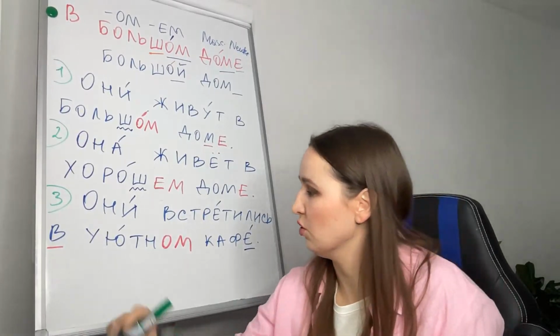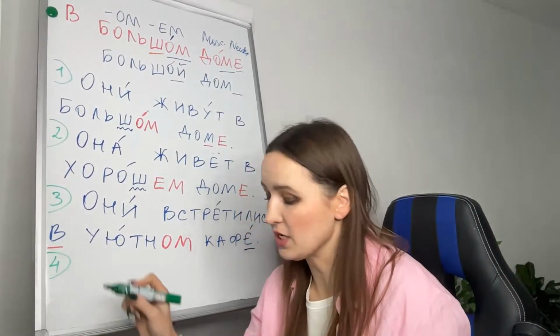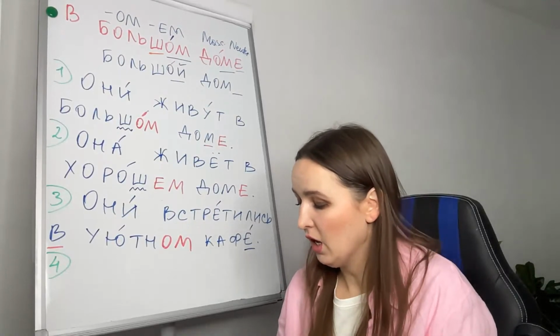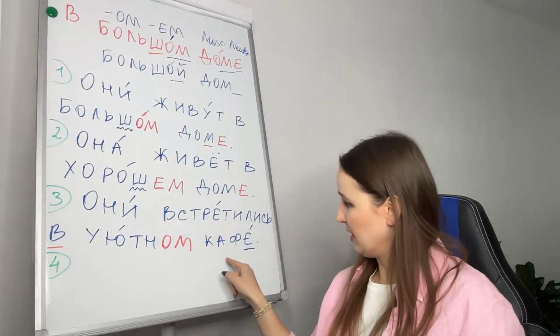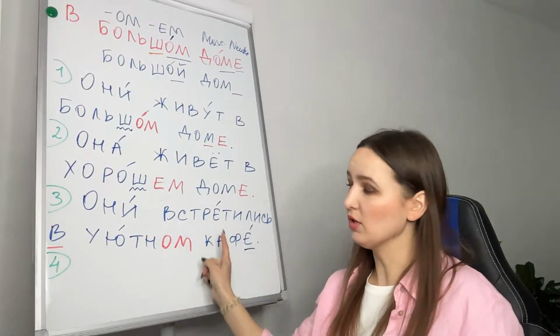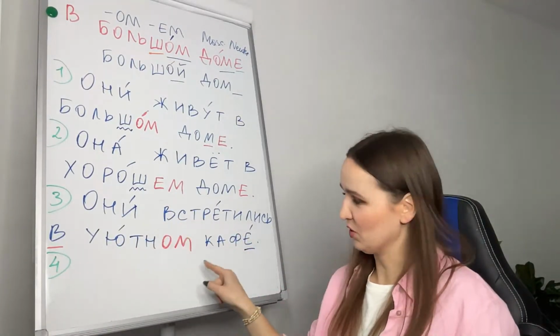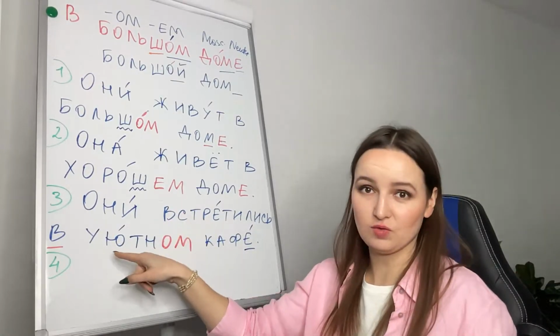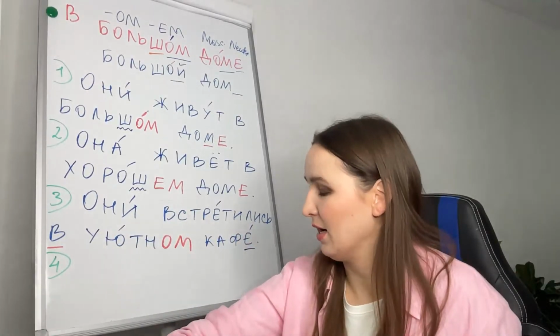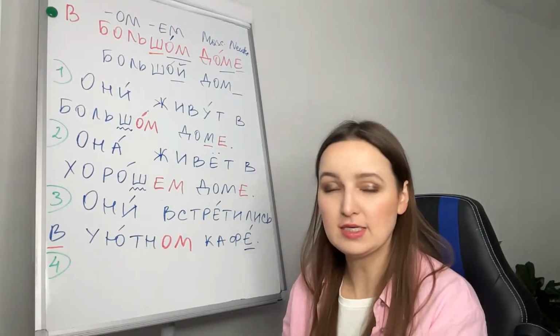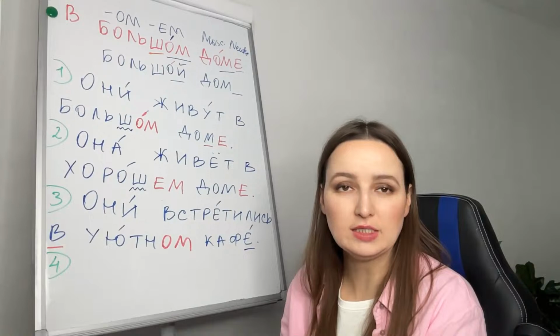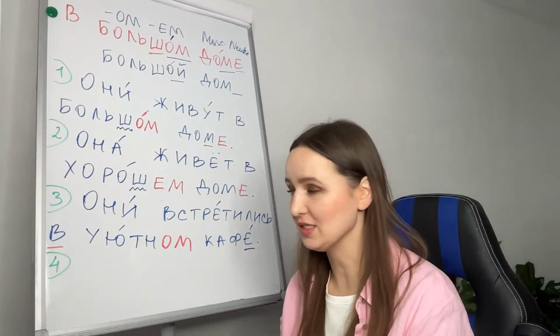Очень хорошо. Идем дальше. Номер 4. Number 4 will be with neuter as well. Another example with the neuter noun, and of course with the neuter adjective, because if we have a neuter noun, the adjective will be neuter as well. Следующий пример. Our office is located in an old building.